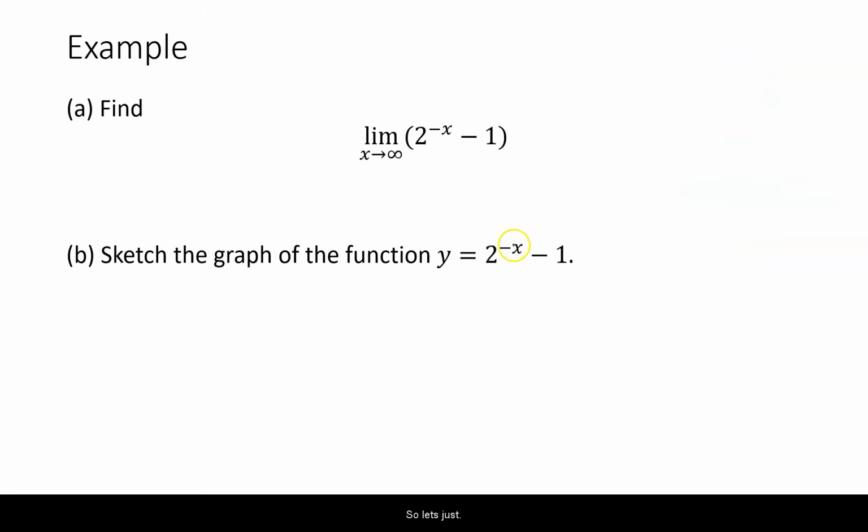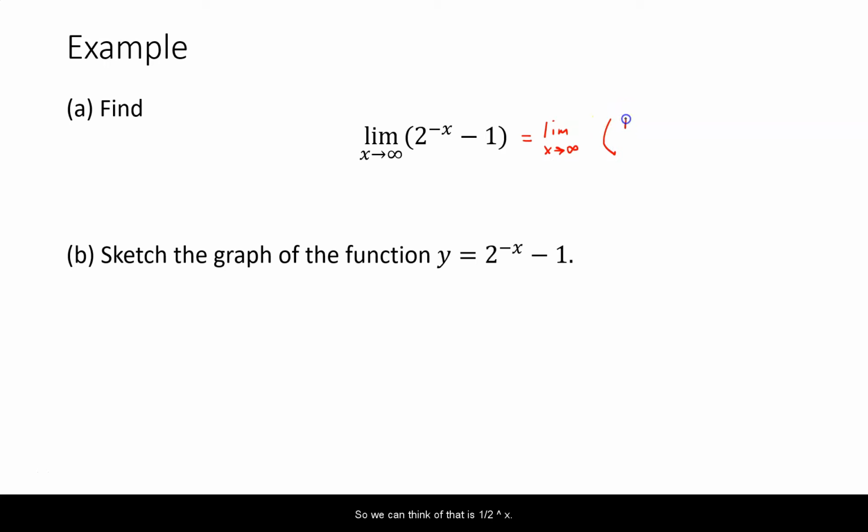So let's look at an example here, where I want to find the limit as x approaches infinity of 2 to the power of negative x minus 1. 2 to the power of negative x is something that we could write a different way. 2 to the power of negative x is really 1 over 2 to the power of x.